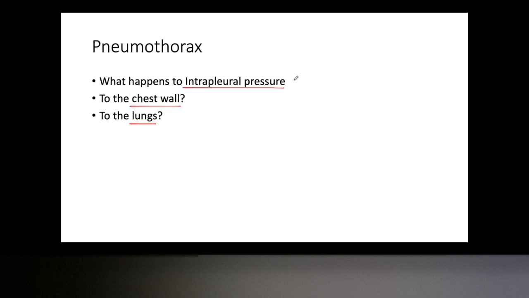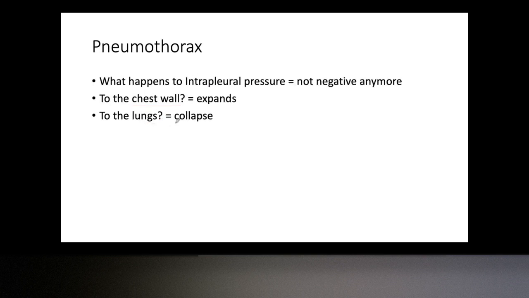The intrapleural pressure will be 0. The chest wall wants to be at its ideal position, which is expanded, outside. And the lungs also want to be at their ideal position, so they will collapse.